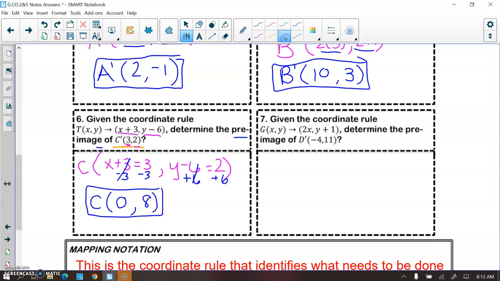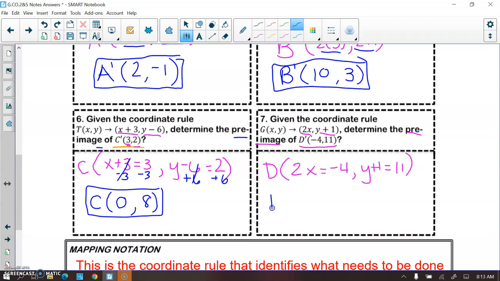And then the last one, same thing. I'm given my image point. I want to find my pre-image point. So to find my pre-image point, D, I'm going to take my coordinate rule and I'm going to set it equal to my x value of my image, D prime, and I'm going to take my y value coordinate rule and I'm going to set it equal to my y value of D prime.